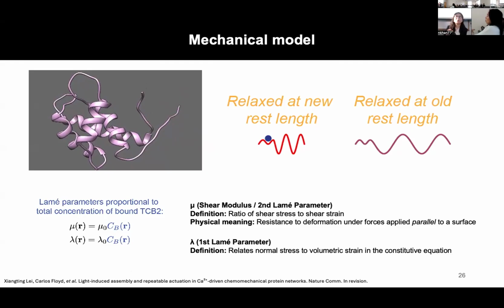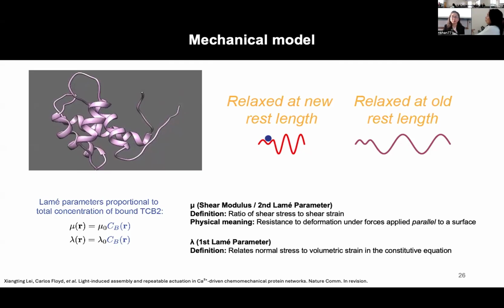If I have more TCB2 at one location, it will have a stiffer Young's modulus and a stiffer contraction there. I have another slide for the modeling part later, and if you have a question, I can elaborate a little more.